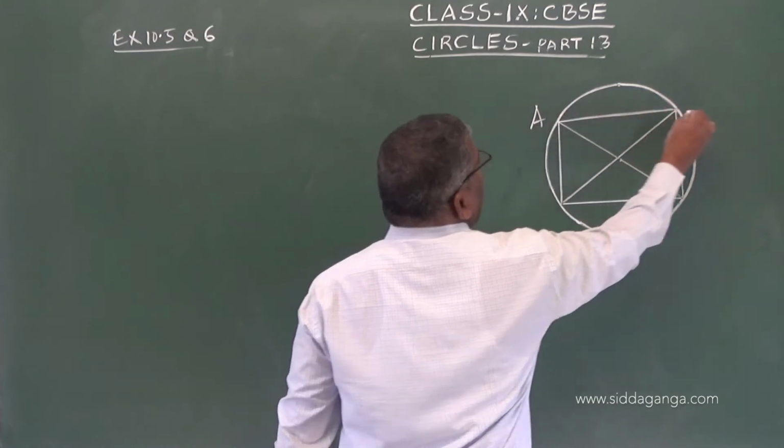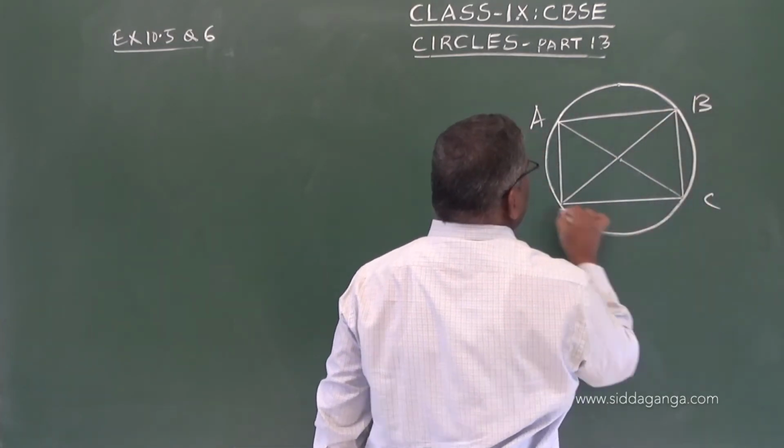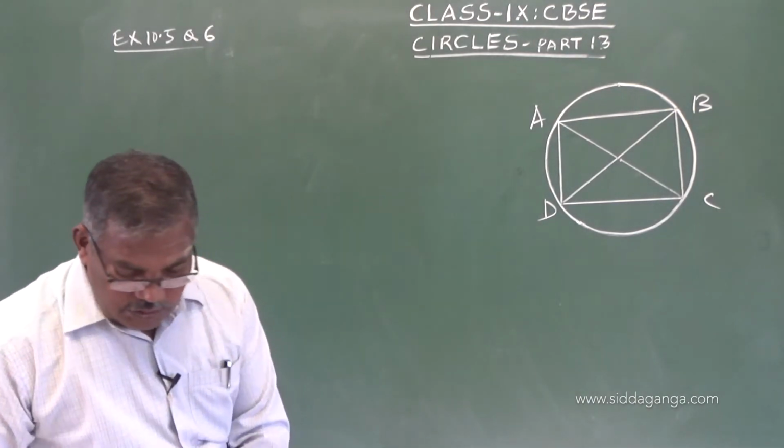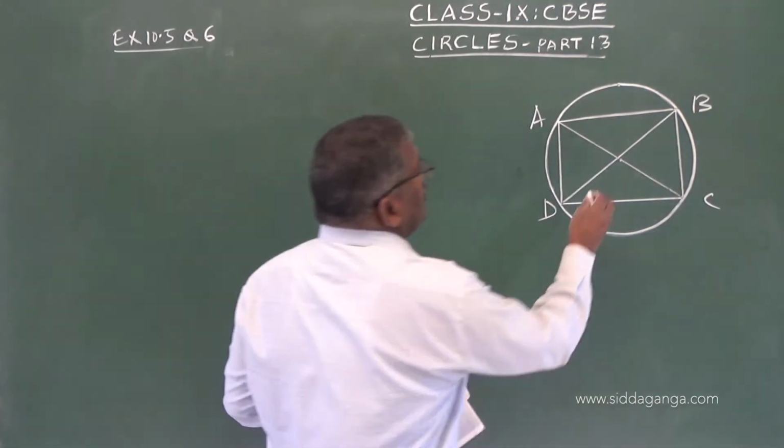Say let this be A, B, C, D. So the point of intersection of these diagonals is E.